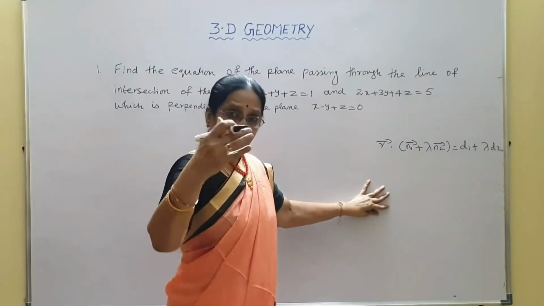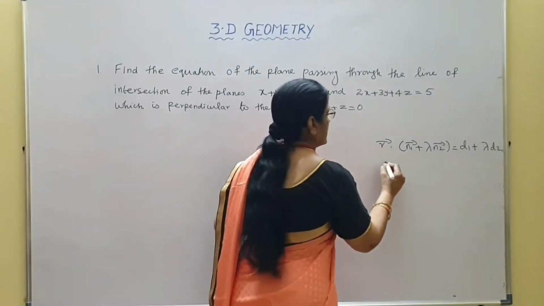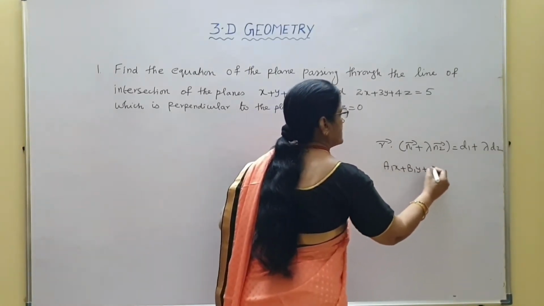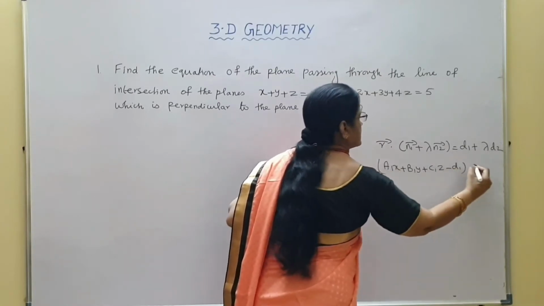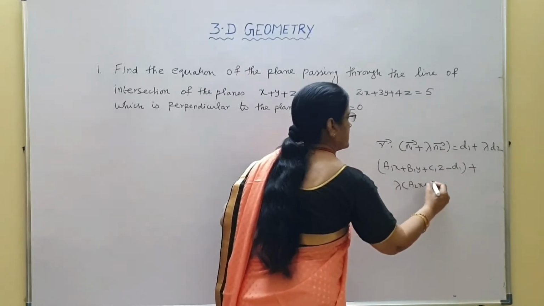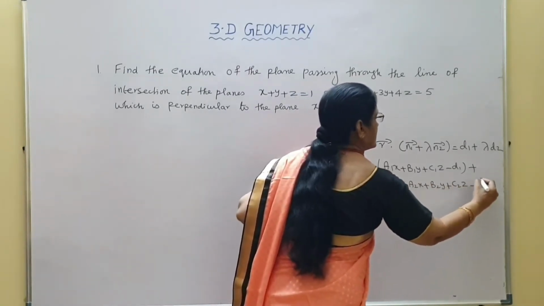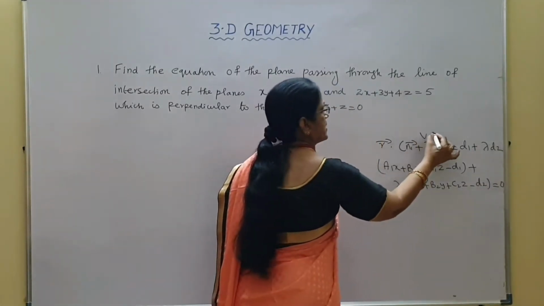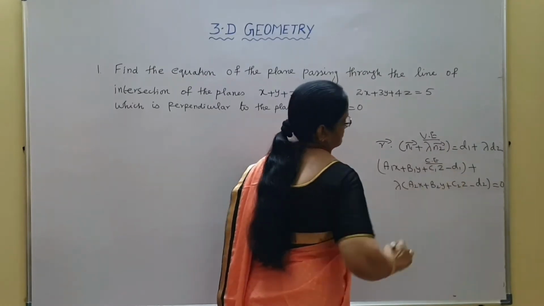Whereas the Cartesian equation of the plane is a1x plus b1y plus c1z minus d1 plus lambda times a2x plus b2y plus c2z minus d2 equal to 0. This is the vector equation and this one is the Cartesian equation.